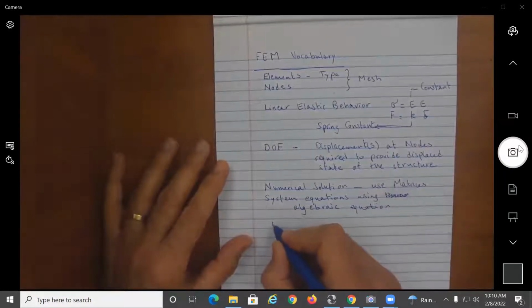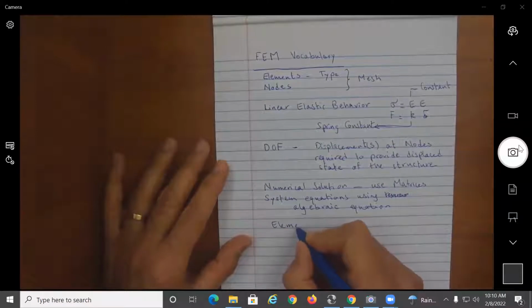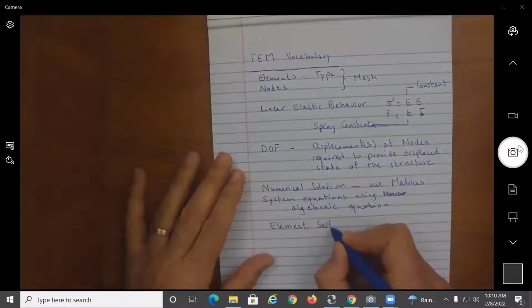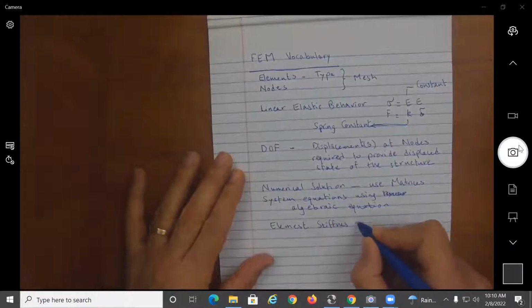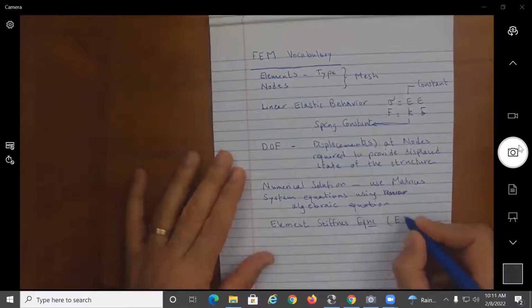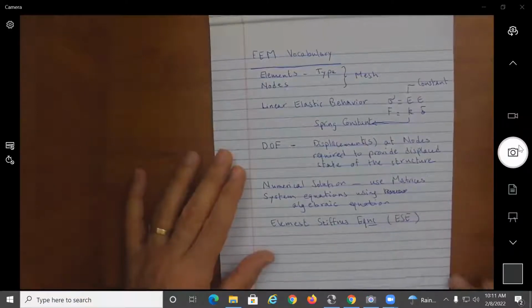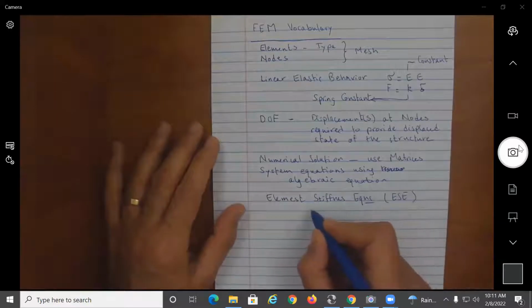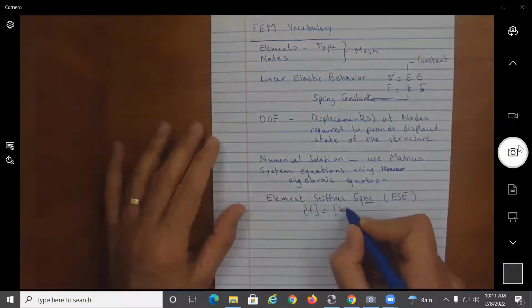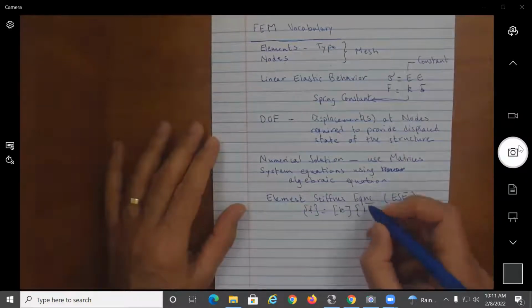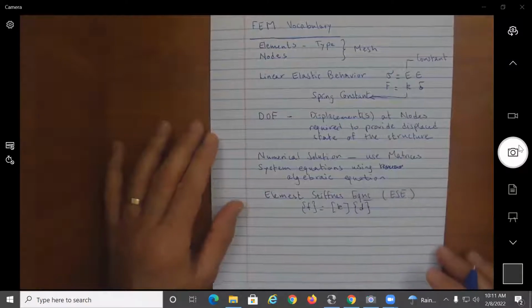At the element level, we had element stiffness equations. We refer to as ESE. And we express them as lowercase f equal to lowercase k multiplied by d for displacement.